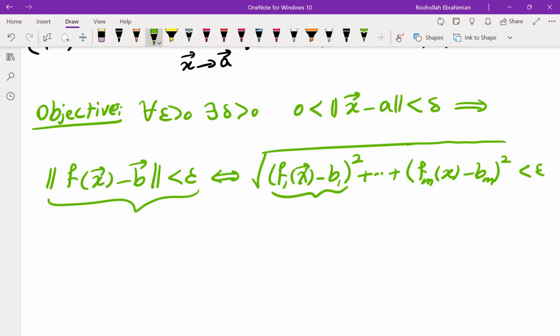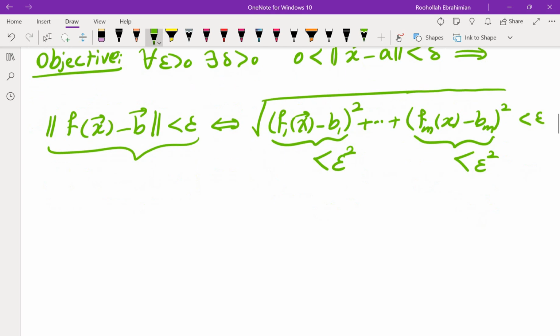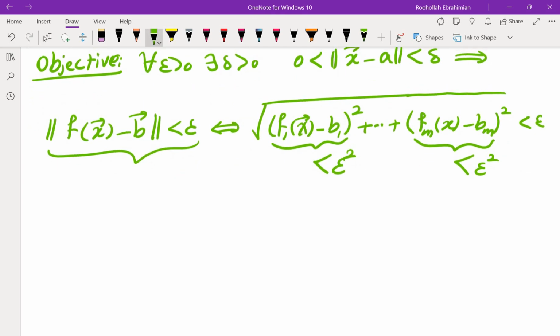Now, we know we can make every single one of these very small. So if I make this one less than epsilon, this one less than epsilon, this one less than epsilon, and then I have a square here, and then I can take this square root. Then if I make each one of them less than epsilon, I would get epsilon squared added up, then I would get the square root of m epsilon squared.